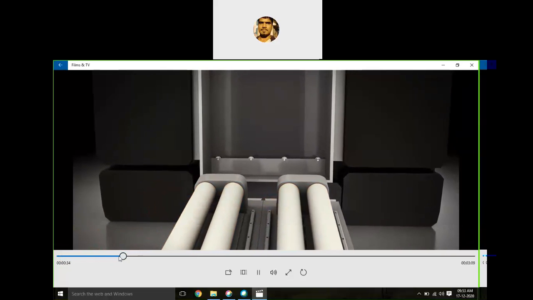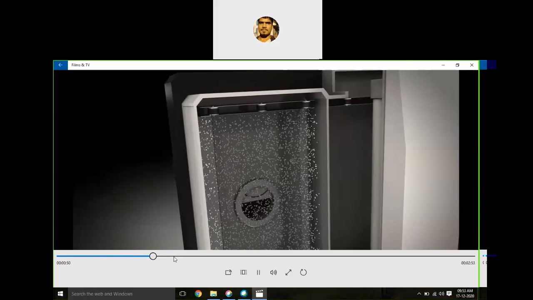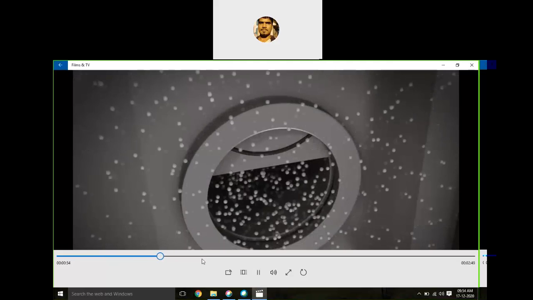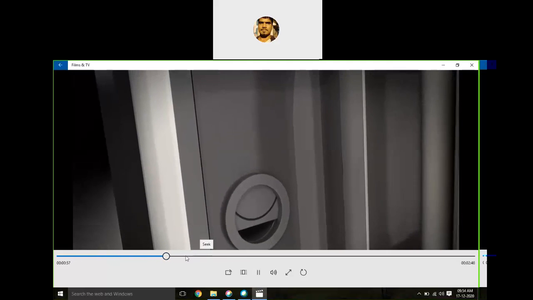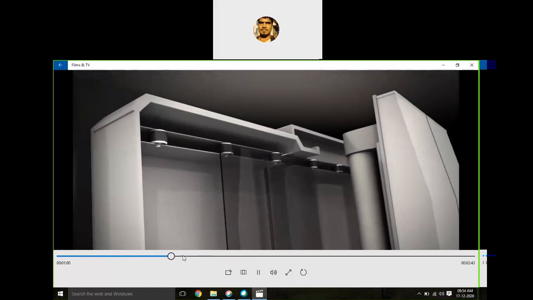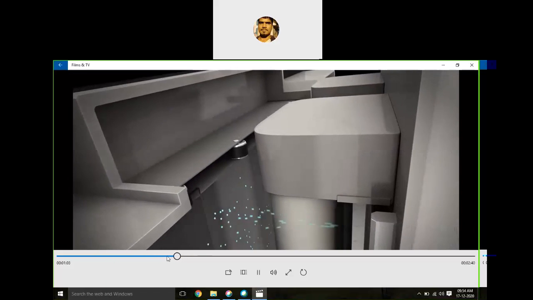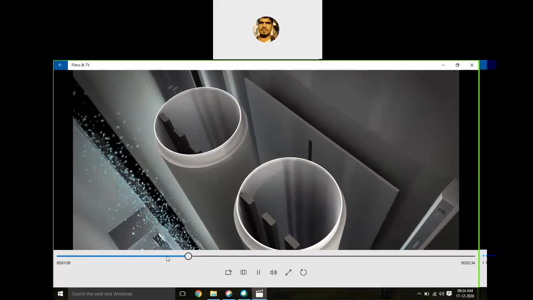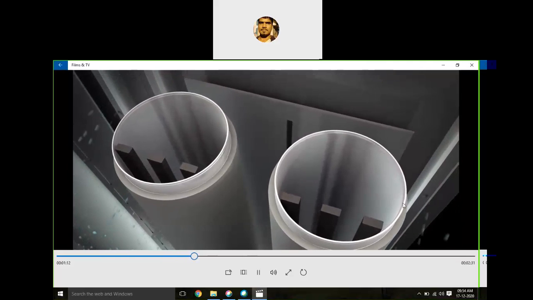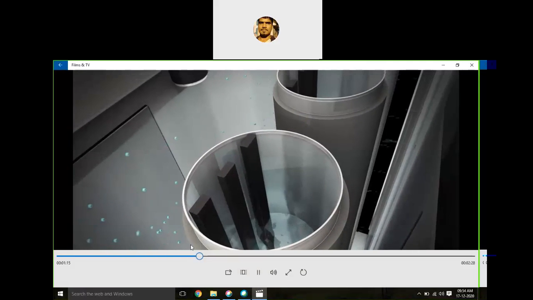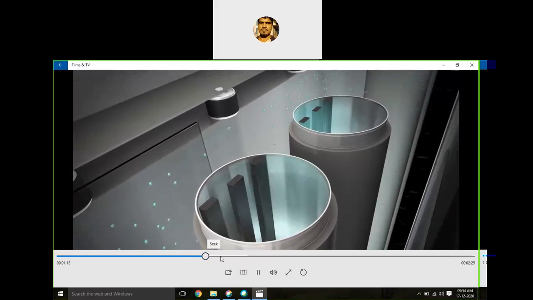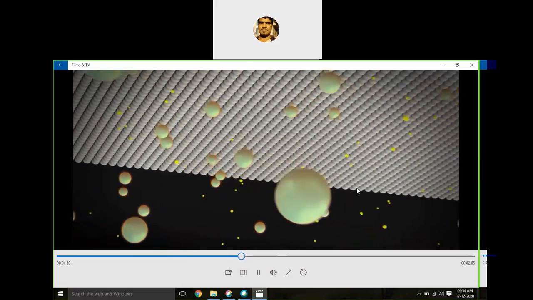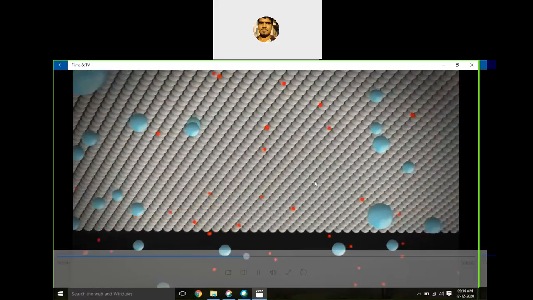These are the components. Vapors, these are the atoms, and this is the substrate.